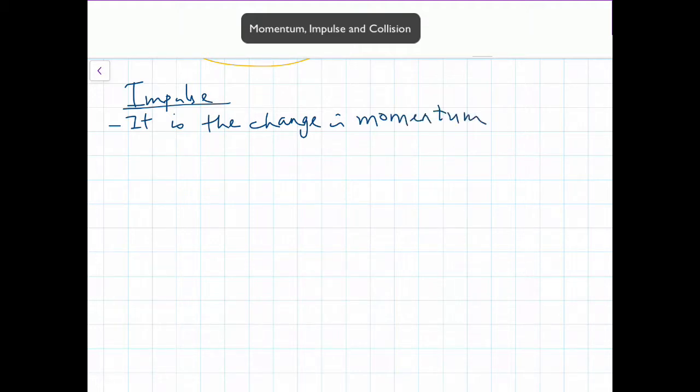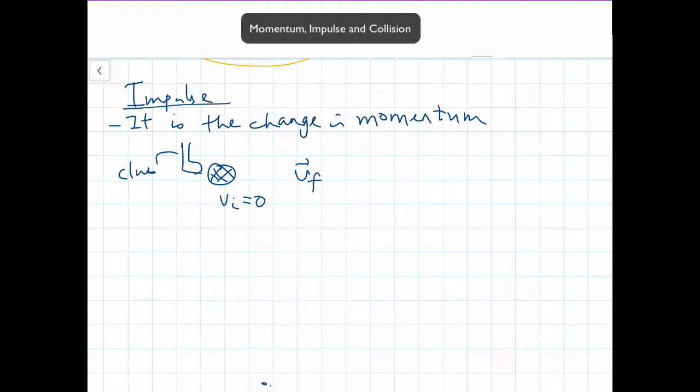For instance, you have a golf ball, and when you hit it with a golf club, the momentum of the ball changes. Initially, the momentum or the velocity of the ball was 0, but when you hit it with a club, the ball will acquire a final velocity.